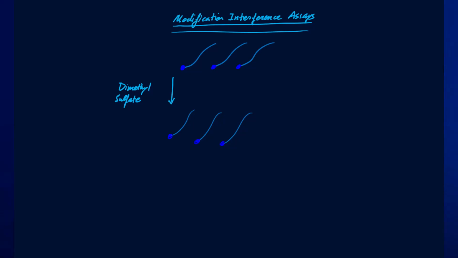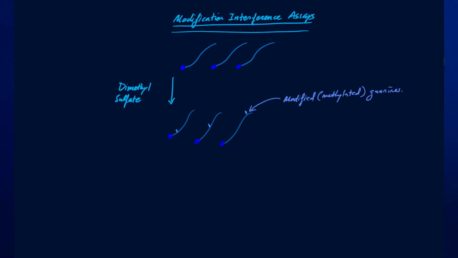Let's say we obtain a methylation right here, and then another methylation, say, right here, and then another right here. These are methylated, or modified, guanines. By modified, I mean specifically that they are methylated guanines.